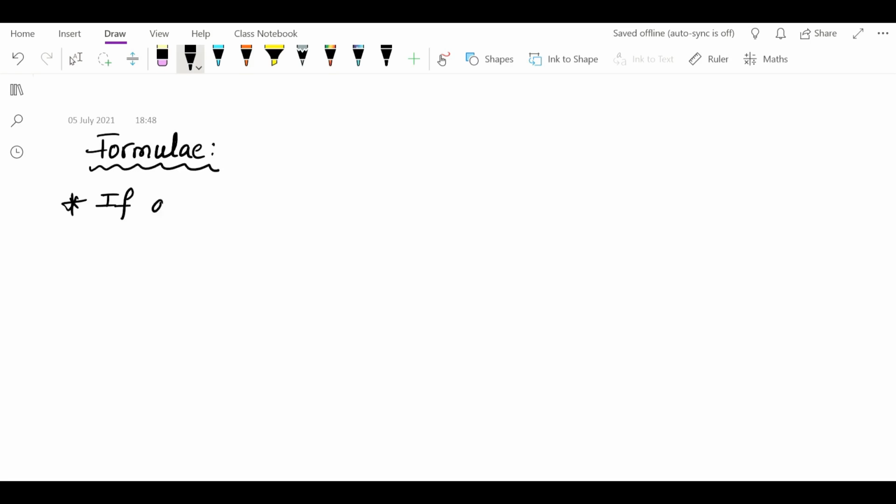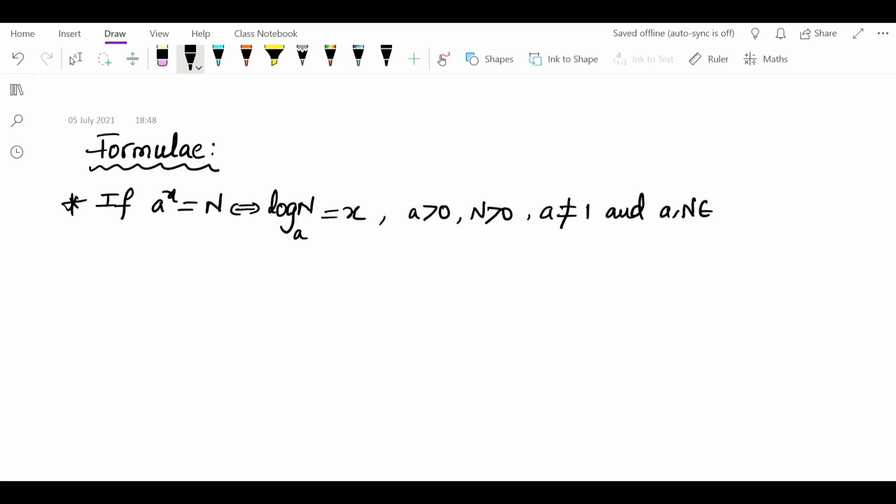If a to the power of x is equal to n, if and only if log n base a is equal to x, a greater than 0, n greater than 0, a is not equal to 1, and a, n belong to R. Log 1 base a is equal to 0, a is not equal to 1.